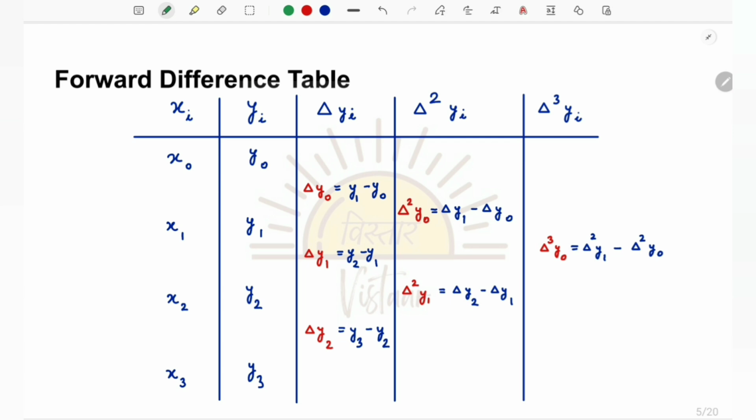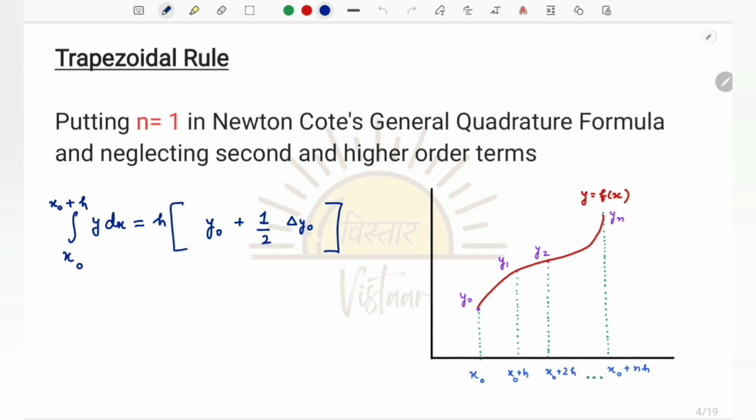So you can see in this forward difference table that delta y0 is equal to y1 minus y0, which is the difference of these two. You can watch my previous video on the derivation for the Newton forward interpolation method. Now let's move back to the trapezoidal rule part. Here what we will do is we have to replace this delta y0 with y1 minus y0.